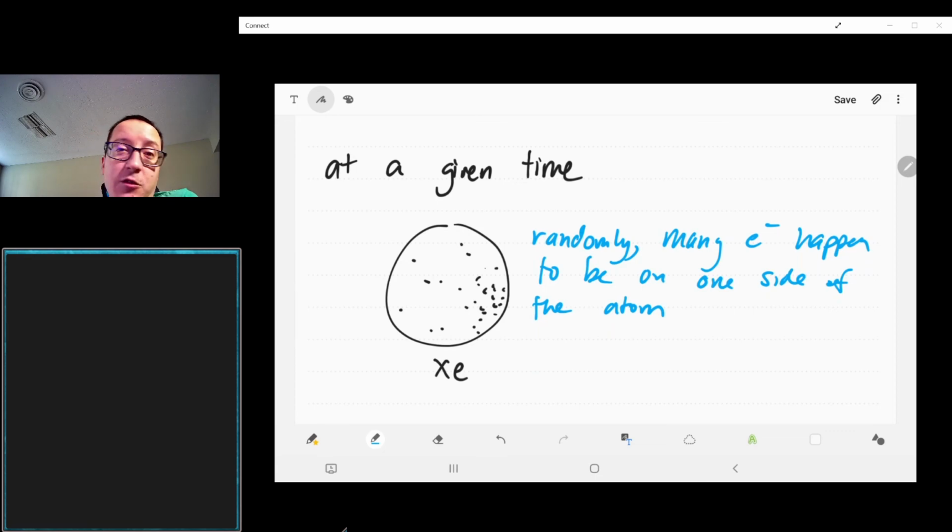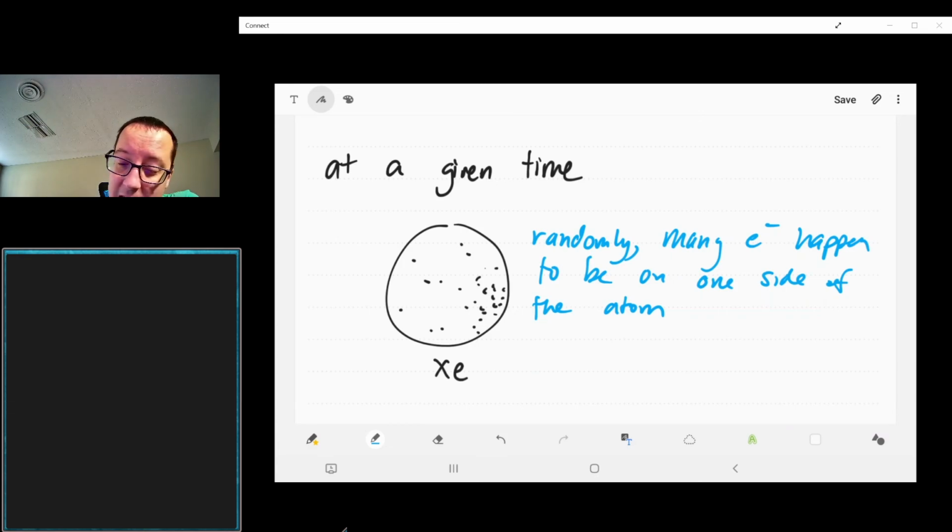Just randomly. So they're all moving around. And so just for a fraction of a second, very, very short period of time, they might just happen to all be on the same side. Or you might just happen to have a lot of them on one side.